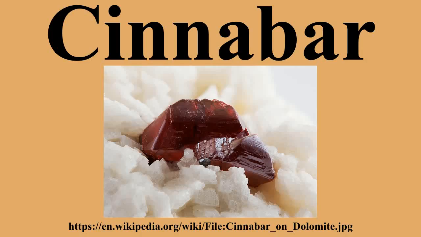Cinnabar is the more stable form, and is a structure akin to that of mercury(II) oxide. Each Hg center has 2 short Hg-S bonds and 4 longer Hg-S contacts. In addition, mercury(II) sulfide is found in a black non-cinnabar polymorph that has the zinc blende structure.